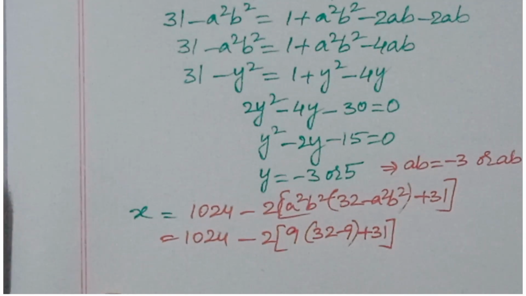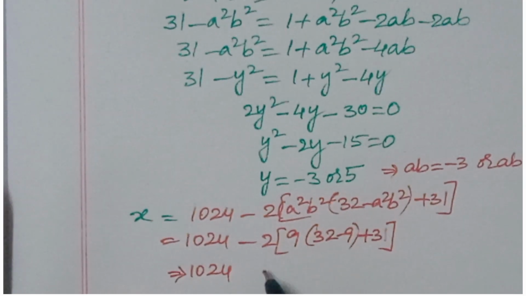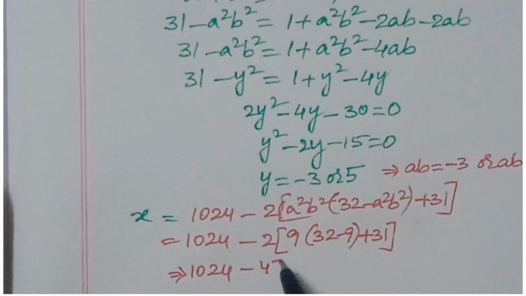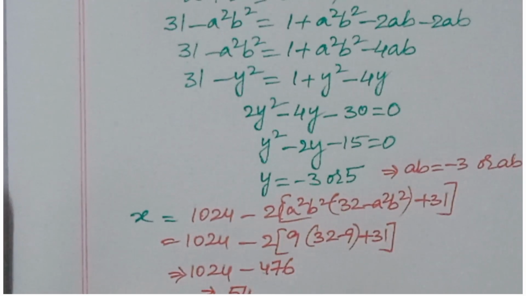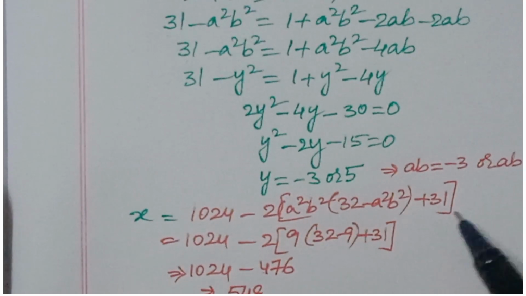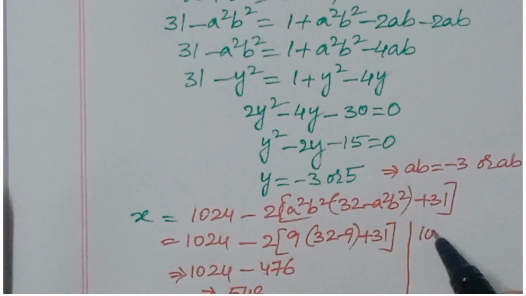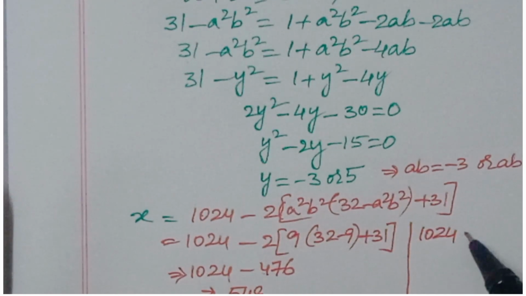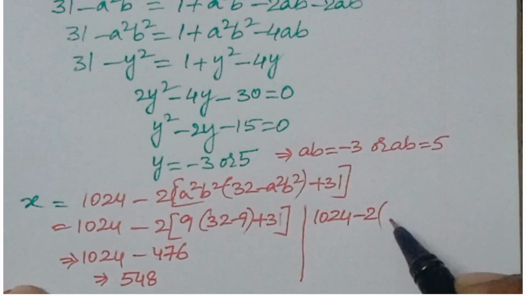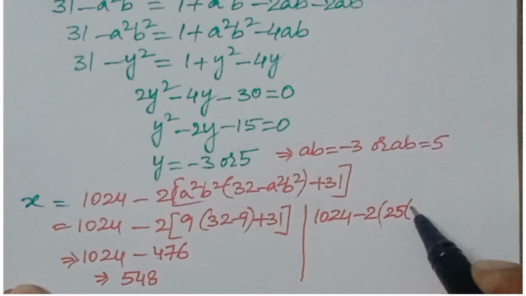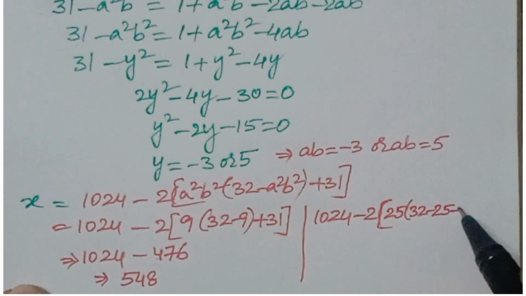So if you solve this, you will get 1024 minus 476. You are getting 548. Now if you take the second one, 1024, for 5 you are taking minus 2 into 25, 32 minus 25 plus 31.